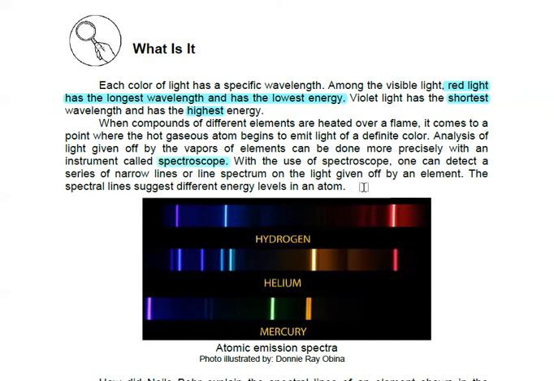With the use of the spectroscope, you can detect a series of narrow lines, or line spectrum, on the light given off by an element. So if you could see here, if you look at hydrogen on the spectroscope, you will find this type of light. The line spectrum for helium will be this, and the line spectrum for mercury will be that.